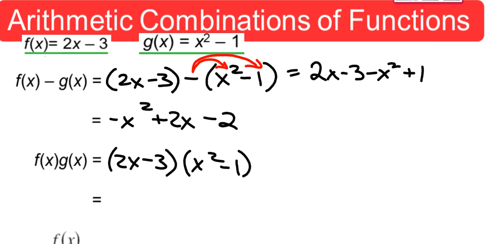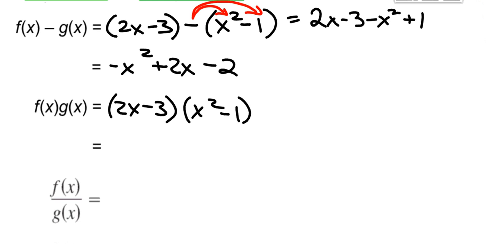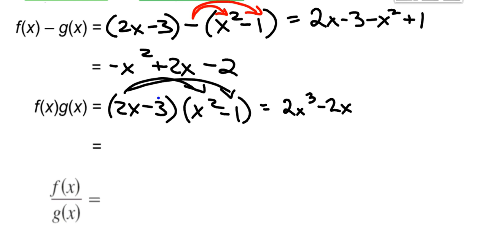I want to write it twice, so I think I'll just write it next to here. So I take the 2 times each of those, and that is 2x to the third minus 2x, and I'll just color code that a minute. Then I'm going to take negative 3 times each of those, and that's going to be minus 3x squared plus 3.